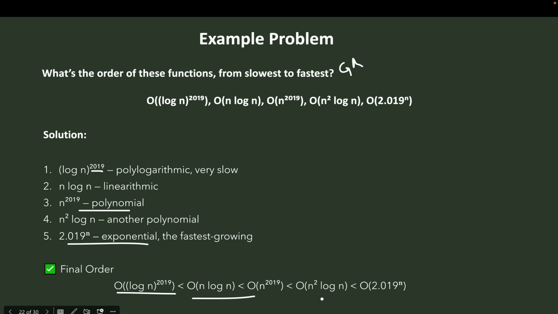So it's obvious that O(n squared log n) is less than O(2019 to the power n).